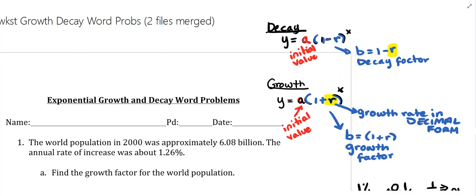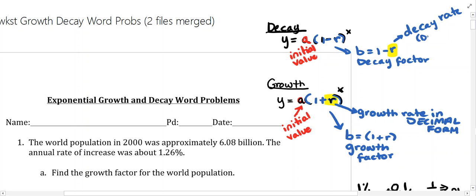And r becomes our decay rate. Once again, when we put it in the formula, it has to go in decimal form.